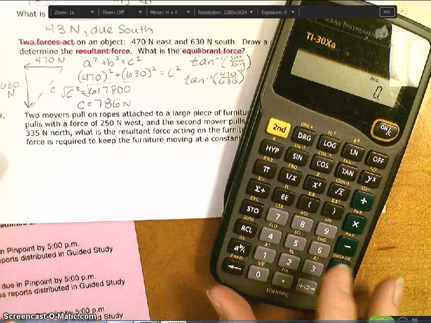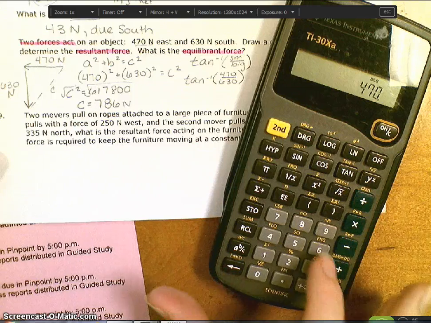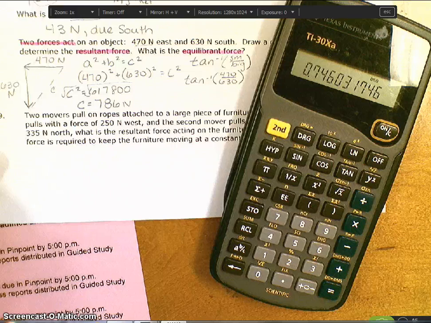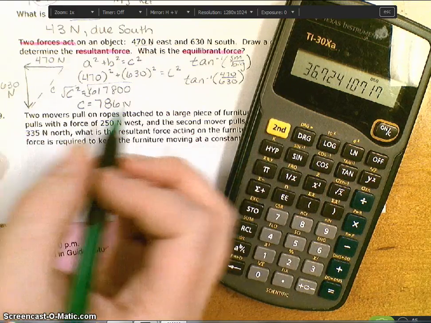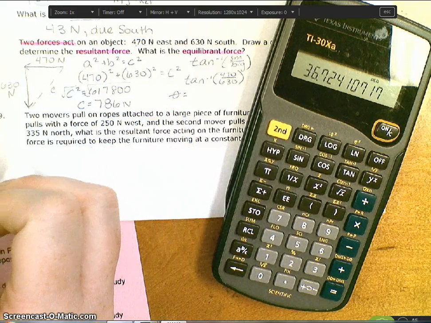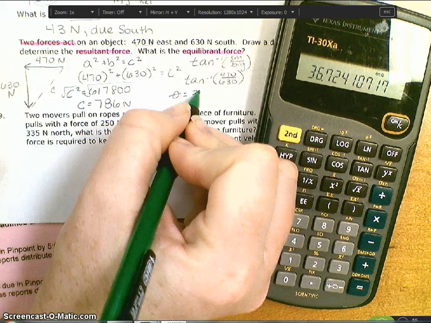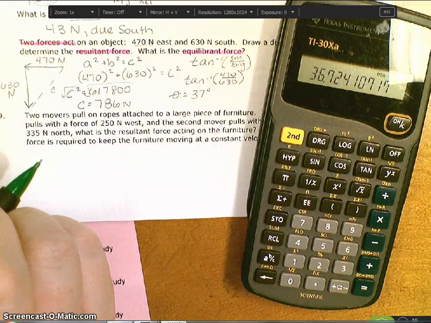My calculator, I have to put in the fraction first, and I get 0.746. And with my calculator, I can immediately press the inverse tangent button, and I end up with an angle of 36.7. I'm going to round that up to 37 degrees. You could have left it at 36.7. That would be absolutely fine.